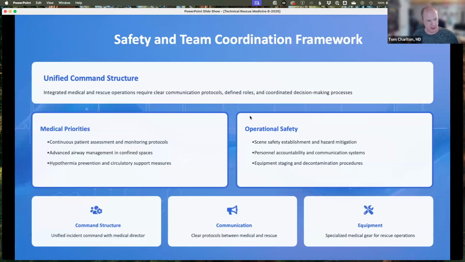So just to begin to wrap things up, it's really important that whenever we're dealing with these kinds of situations that we are coordinating things with command.